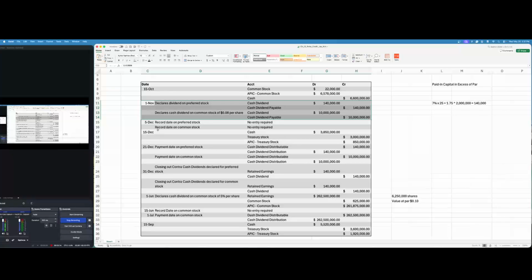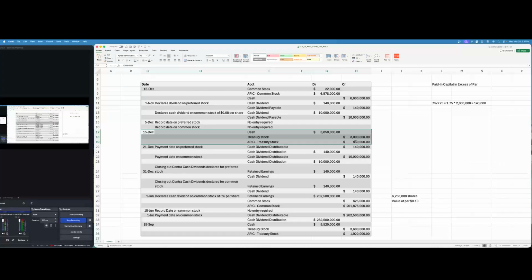But there was also this one entry for treasury stock, December 15th. I suppose they decided to sell some of the treasury stock. Treasury stock is stock that they purchased from the market.